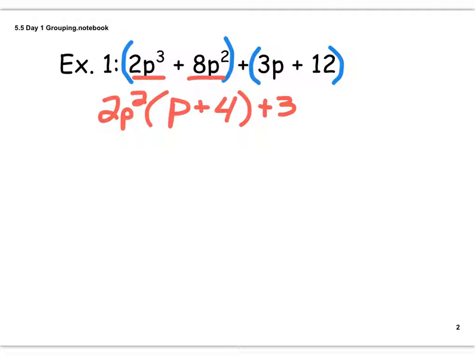You need to indicate whether it is a positive or negative 3 that you are factoring out. When I do that, I end up with p plus 4 left over inside my parentheses.